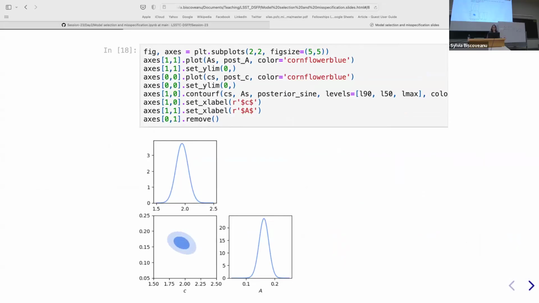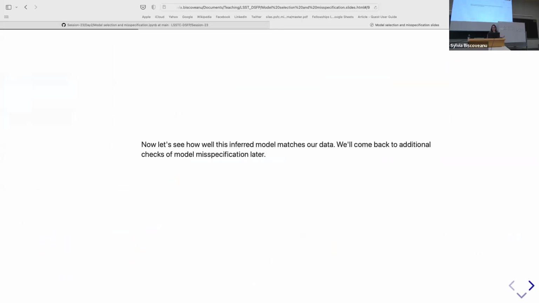Okay, so now we have calculated our evidence for this sinusoidal model. And so we can go back and calculate our Bayes factor to compare it against our original linear fit. But first, let's just do a visual check to see if our inferred best fit parameters for our sinusoidal model actually do a good job at capturing the signal in the data.